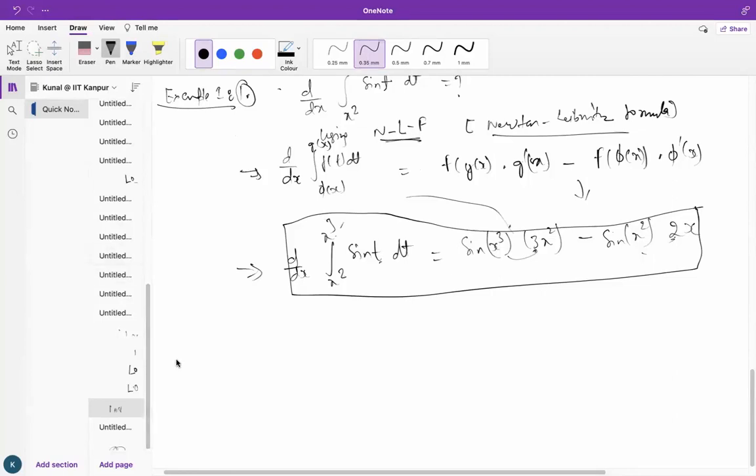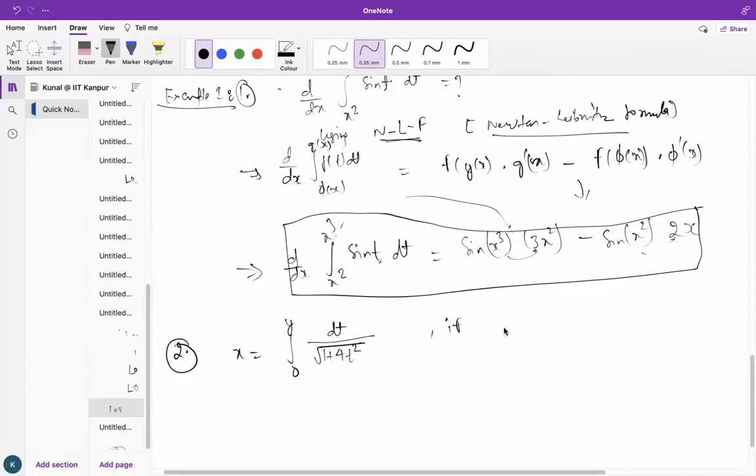Okay. So let's raise the level of the question. Our second question looks something like this, let me rewrite it here. x is equal to the integral from 0 to y of dt by root under 1 plus 4t square.